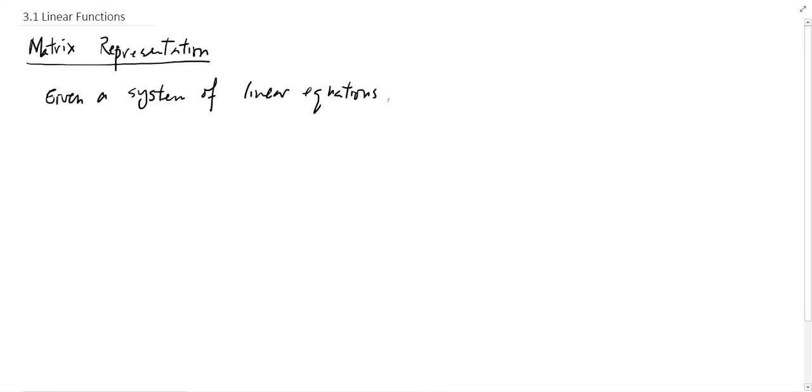You learned last year that we can always represent this system in what we call matrix form.